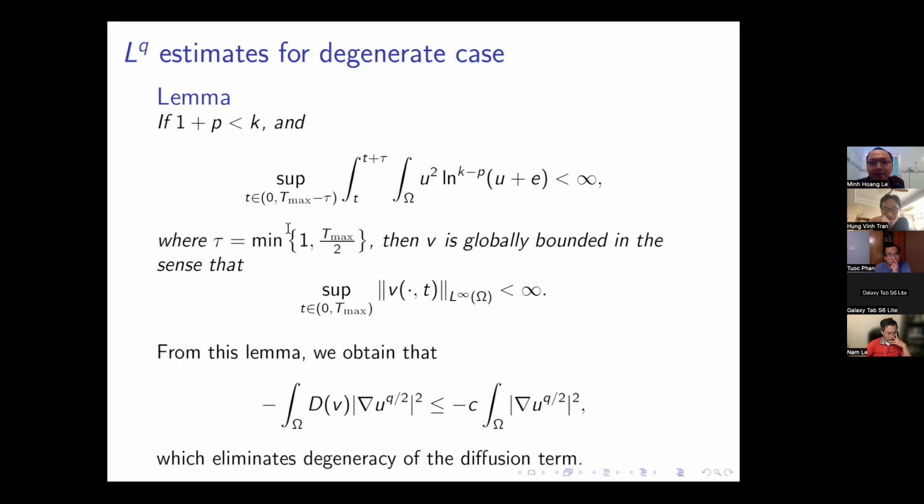Because V is globally bounded and D is continuous, we can eliminate the degeneracy of the diffusion term, because now V is bounded and it cannot go to infinity. So the infimum of D must be positive. If we do it this way, we don't have to deal with the degeneracy. We can show V is bounded first, and then it eliminates the degeneracy.